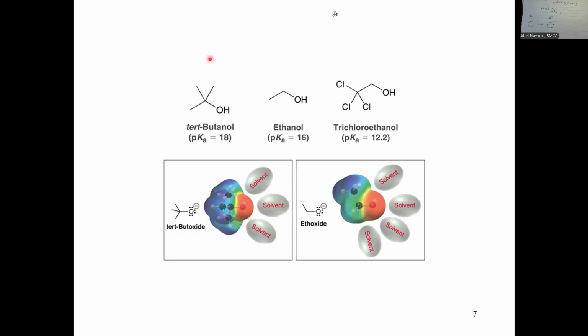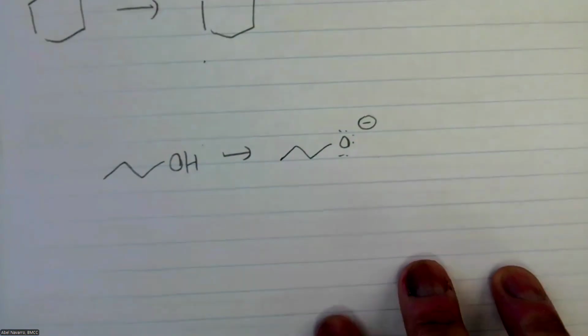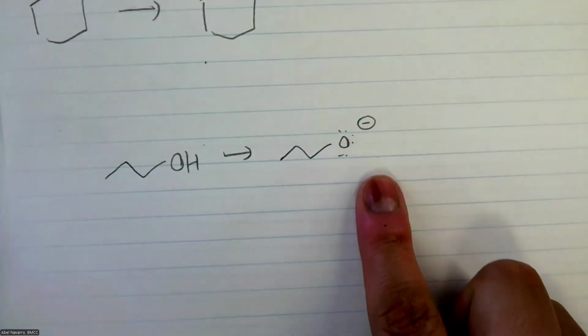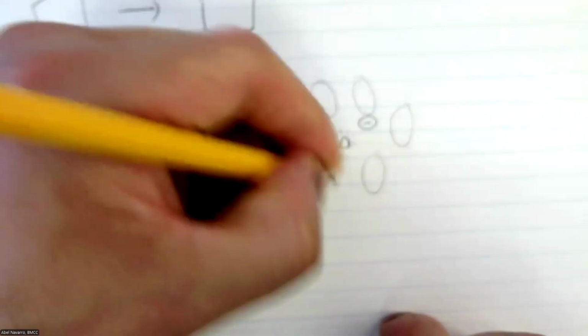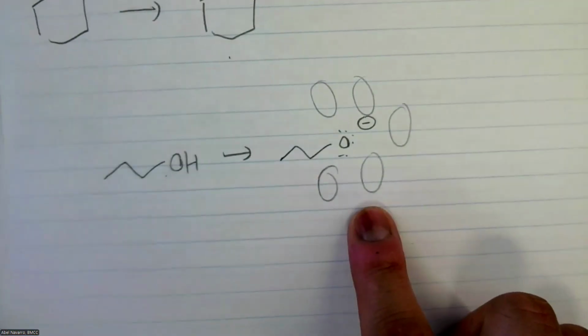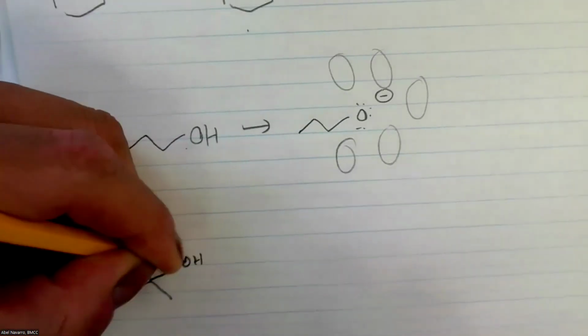Okay, so maybe that would be better to explain by hand. For example, if you have a propanol right here and you deprotonate it, remember, you produce the conjugate base. This conjugate base is ionic. So how do you stabilize an ion? With solvent. The solvent will stabilize it. What happens if instead I have a tert-butanol?